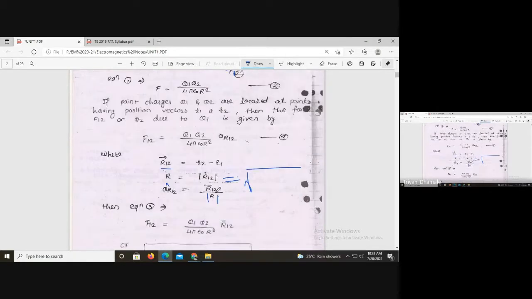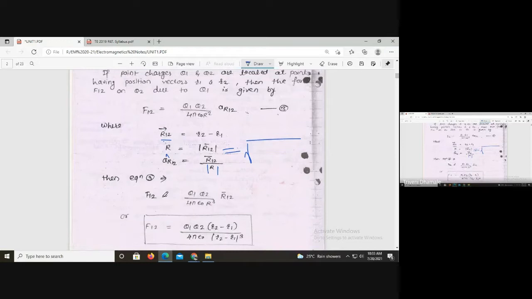Now in Coulomb's law, suppose the force we are calculating is force 12 bar. So how is it written? Q1, Q2, 4 pi epsilon. Now we add the unit vector here. Why? Because force has a direction. So it indicates this force has a direction along 1, 2.